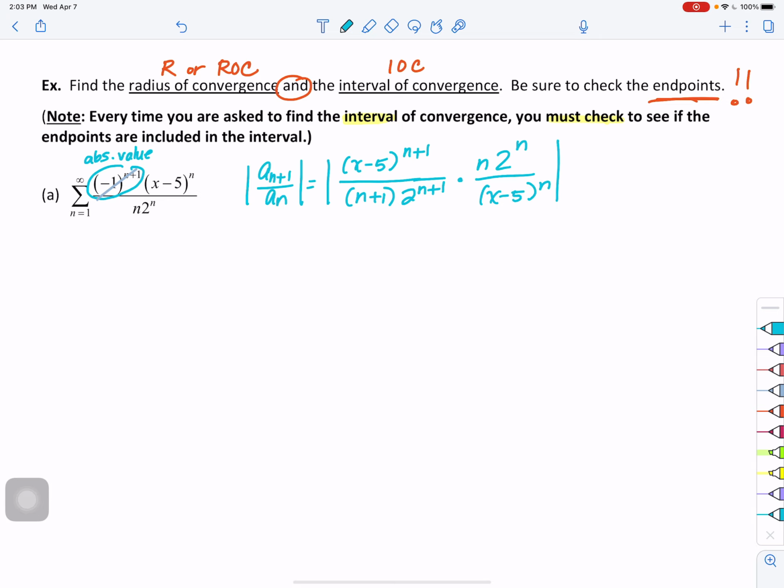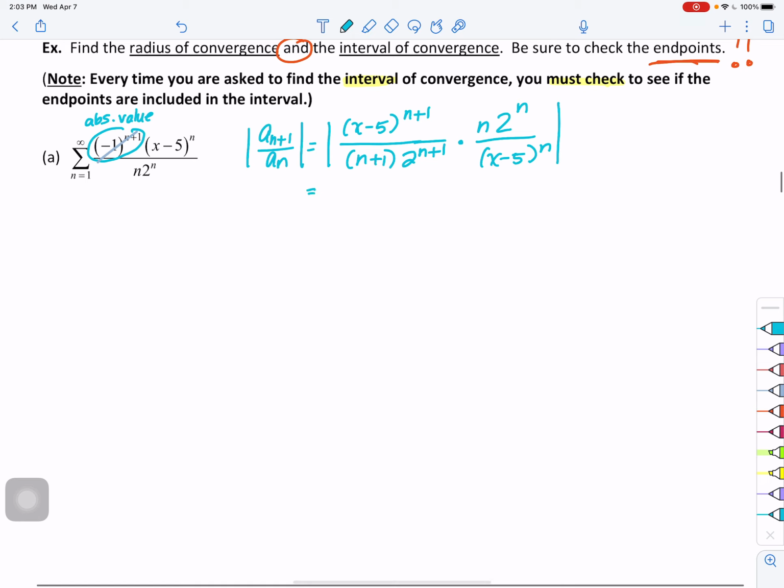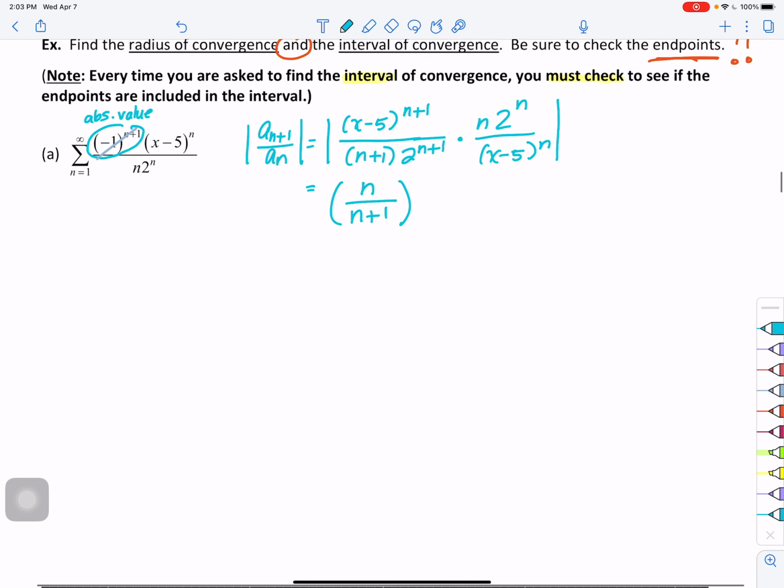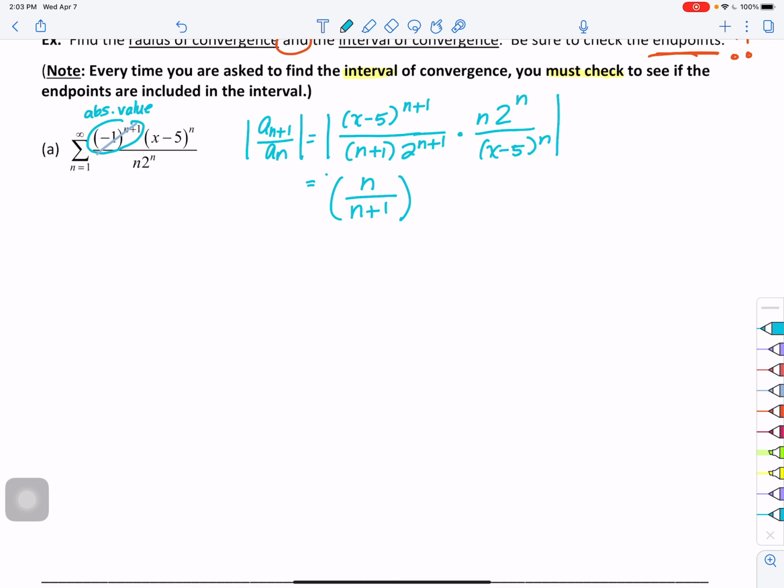Okay. Now, I like to stack these n's, so we have n over n plus 1. We don't know if these are all positive terms, so we'll keep those absolute values on there. And then we have x minus 5 divided by 2.